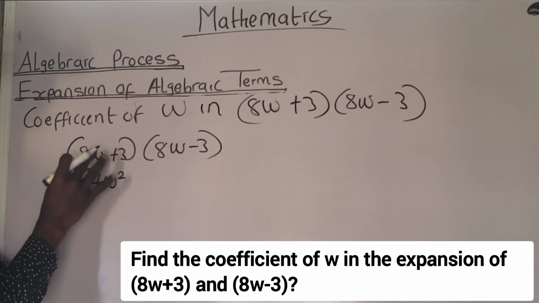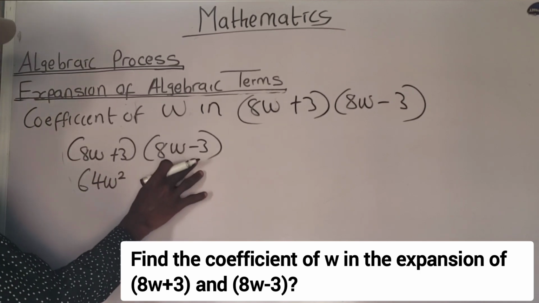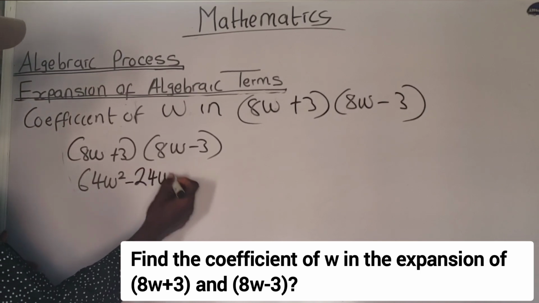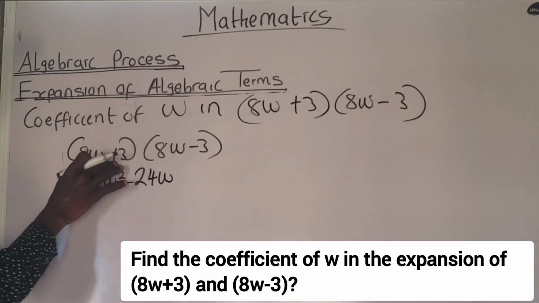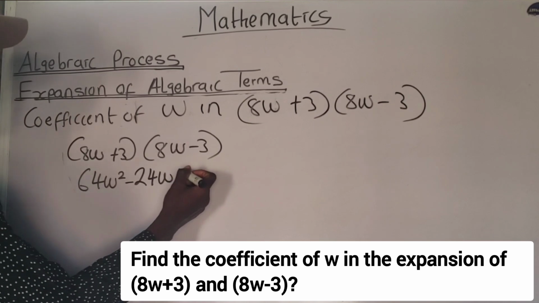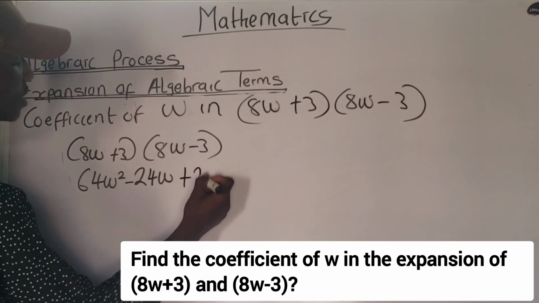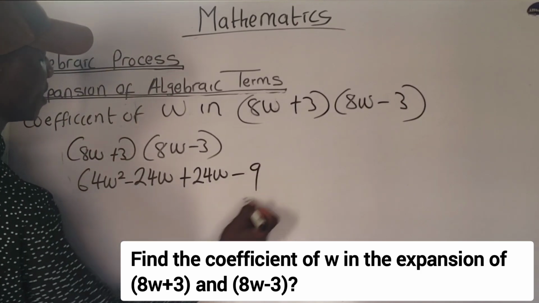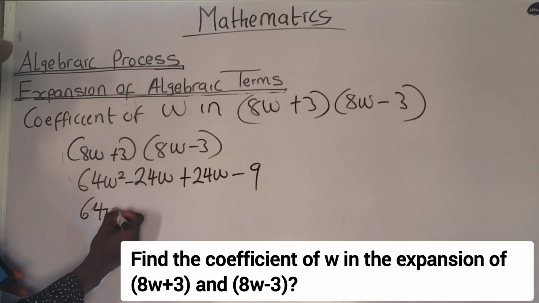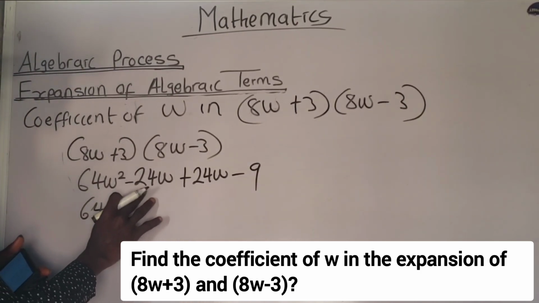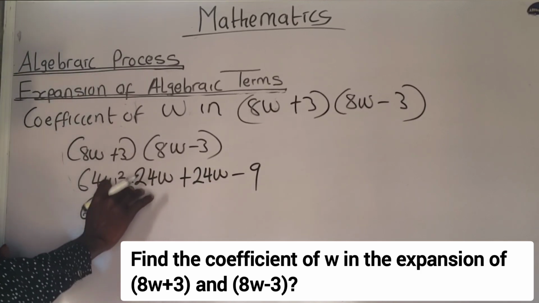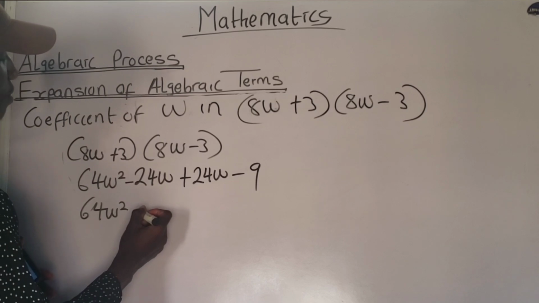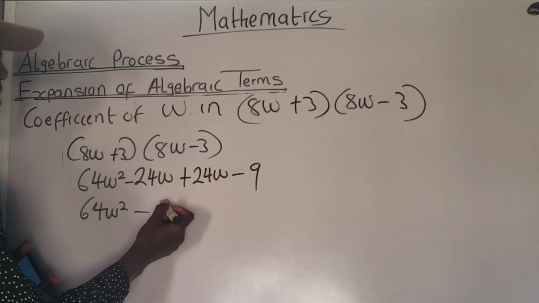Then 8w multiplied by negative 3, that will be negative 24w, and plus 3 multiplied by 8w, that will be positive 24w, and plus 3 multiplied by negative 3, that will be negative 9. For this, I'm going to have 64w squared, and negative 24w and positive 24w, that will be 0. You understand? So I'm left with 64w squared and minus 9.